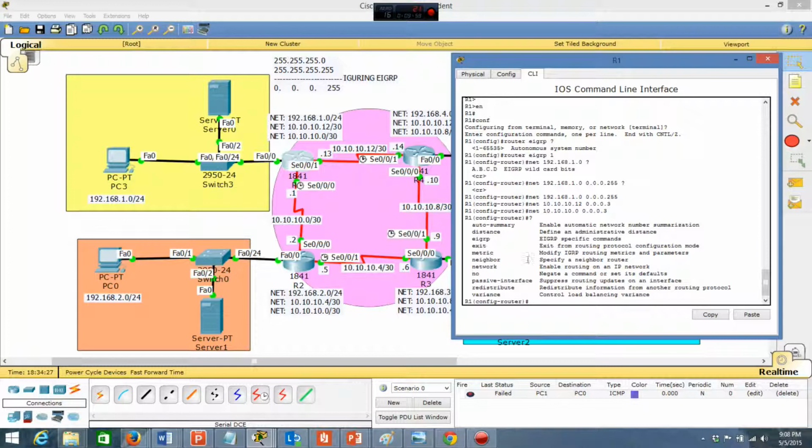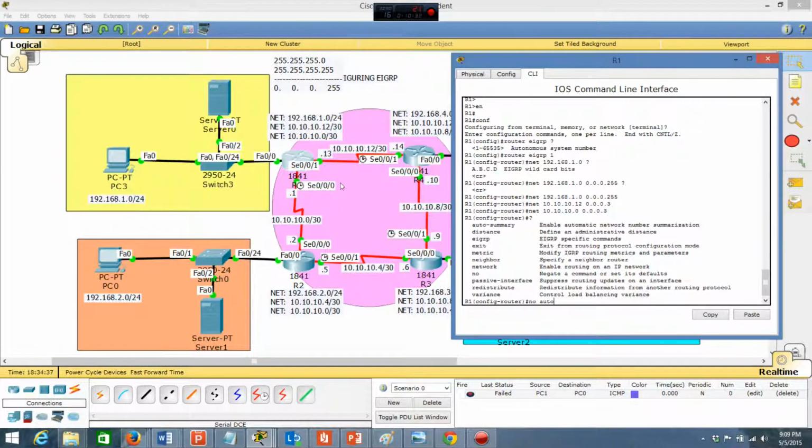So these are all the parameters that we can configure within the EIGRP statement. So we want to do no auto-summary, because by default auto summary is enabled within EIGRP. Now with us disabling auto summary, we wouldn't have our networks auto summarize to their default classful addresses. Alright, that is important.